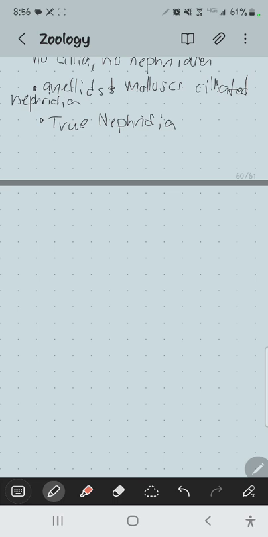Hemoglobin was segmented worms, hemocyanin was mollusks. I gave you a little information about which one's better. It depends. If it's cold and there's not much oxygen, hemocyanin is great. If it's warmer and the oxygen concentrations are elevated, hemoglobin works better. Did I say hemoglobin? Hemocyanin works better cold, low oxygen. Hemoglobin works better warmer, more oxygen. And so it kind of depends on what's going on.